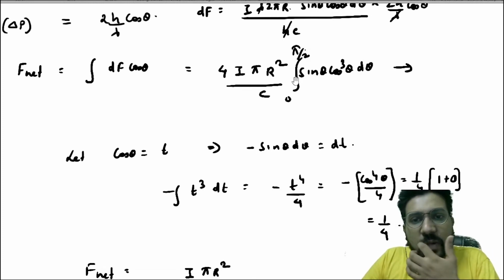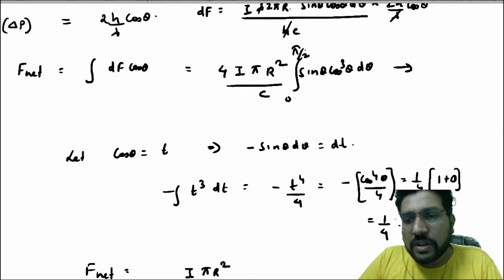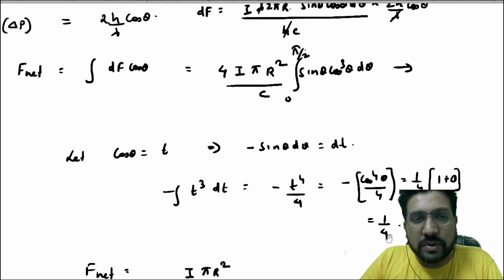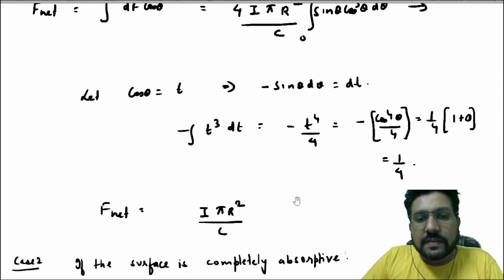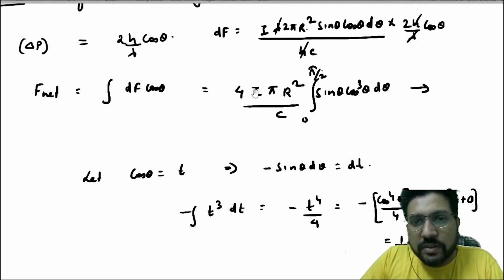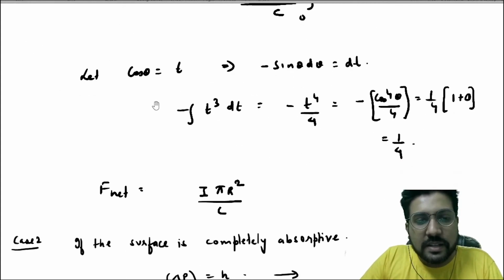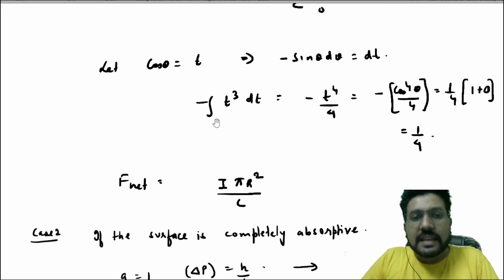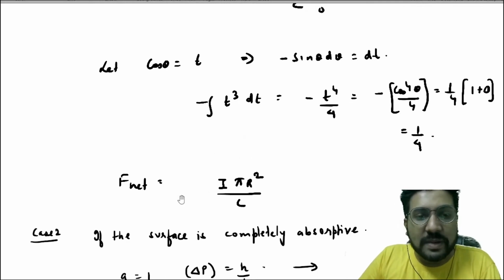Now cos 0 is 1 and cos pi by 2 is 0, so you will get this integration as 1 by 4. Put it here: 4I pi r square by c into 1 by 4, and that is equal to I by c into pi r square. So the net force is I by c into pi r square.